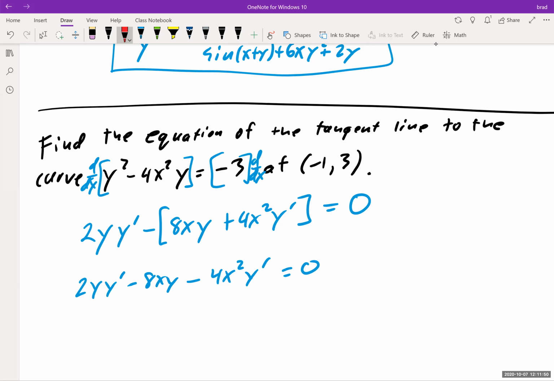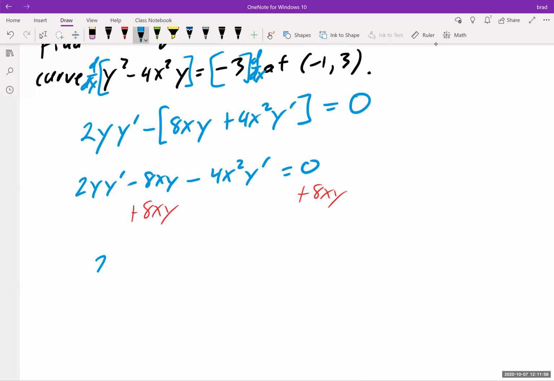Let's move the 8xy out of here. And let's see what we've got left. We have 2y y prime minus 4x squared y prime equals 8xy. So now I'm back to where the original problem started, where I had to factor out the y prime.